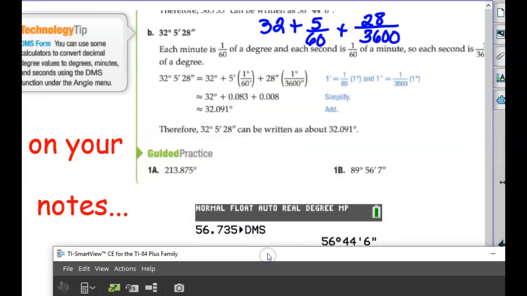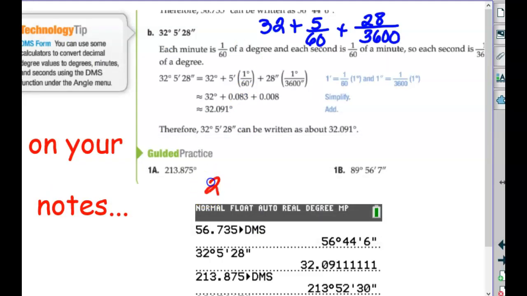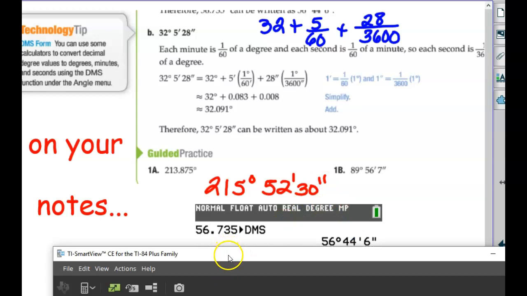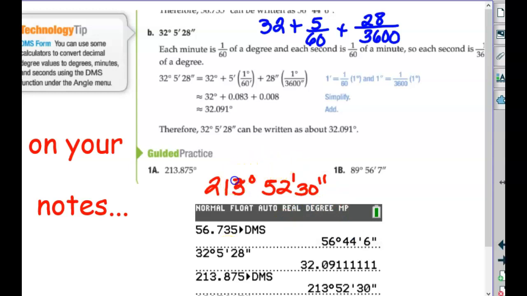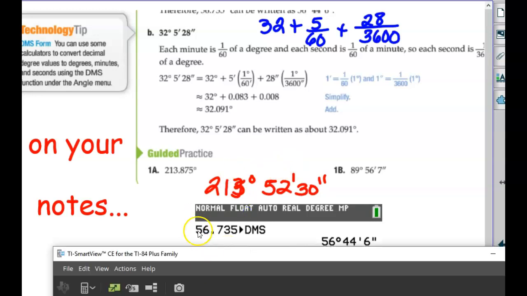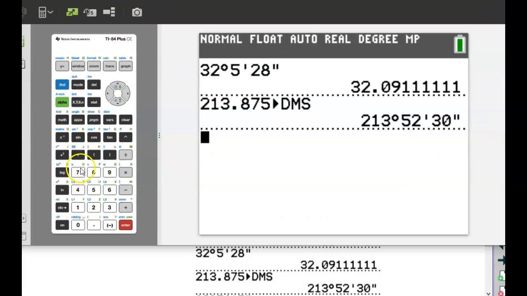Anybody else get that? Okay, and the last one, 89, 56, and 7.